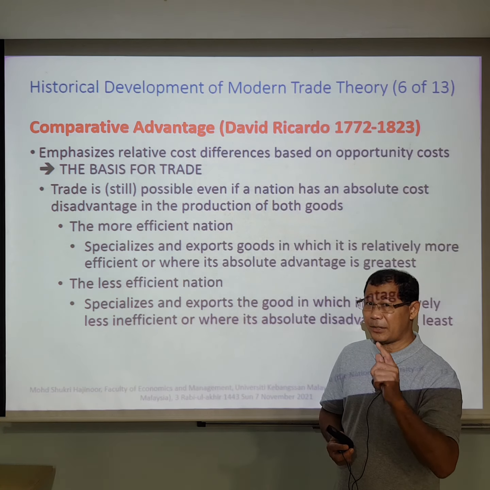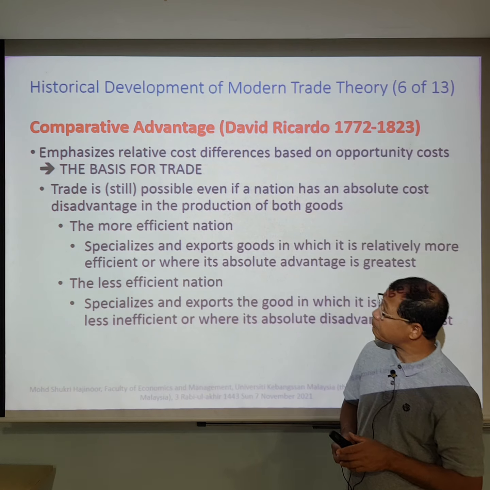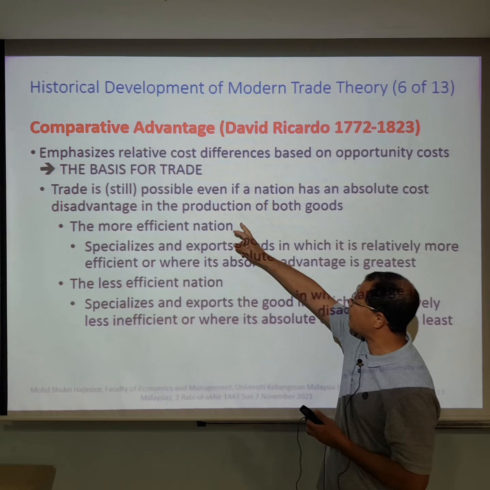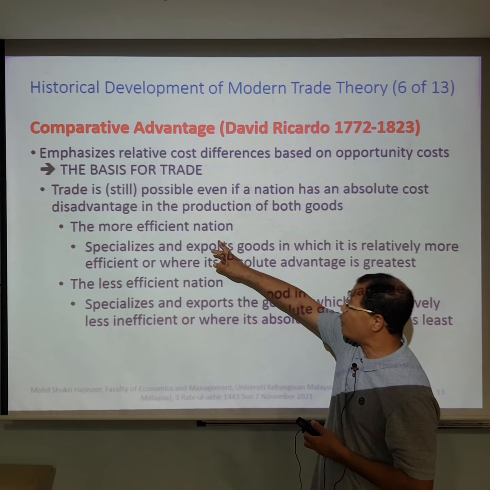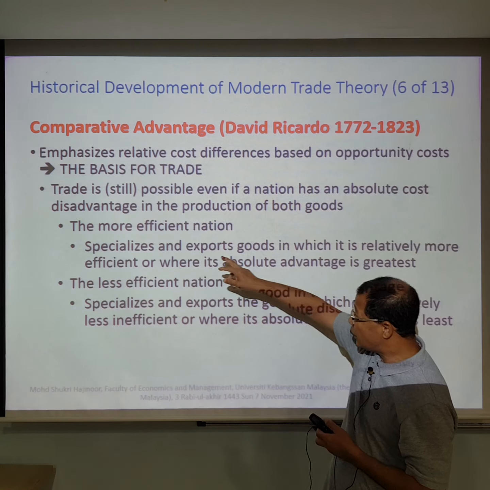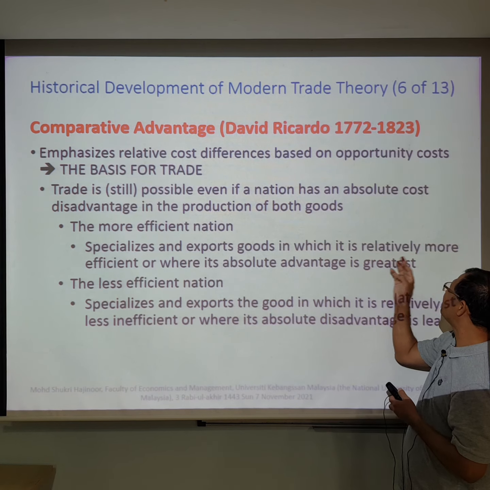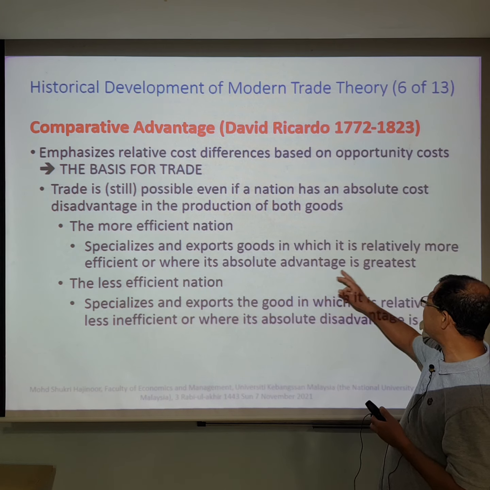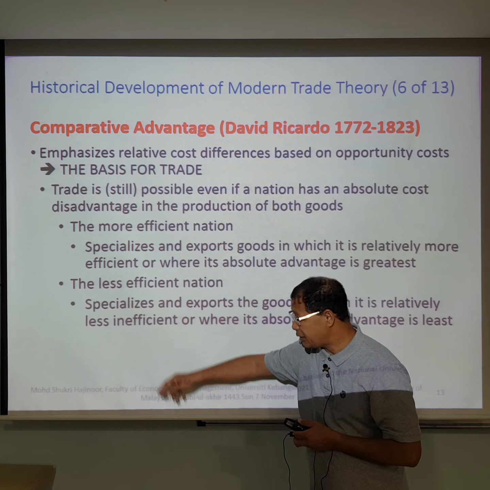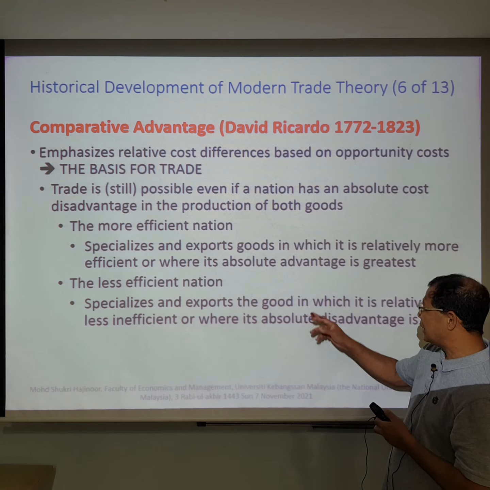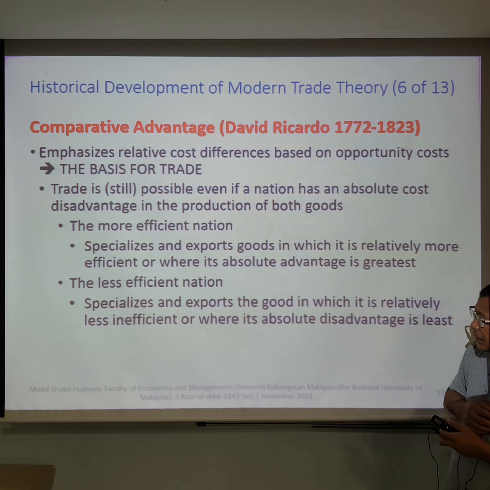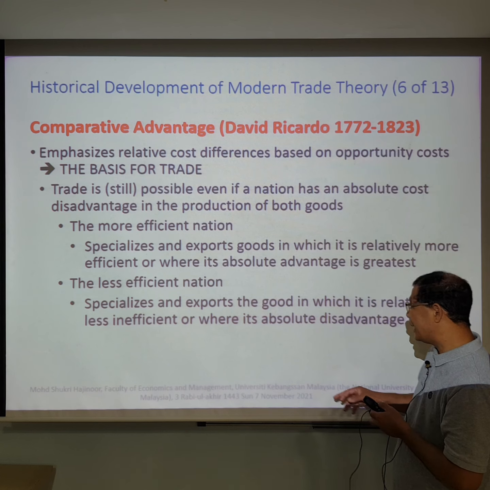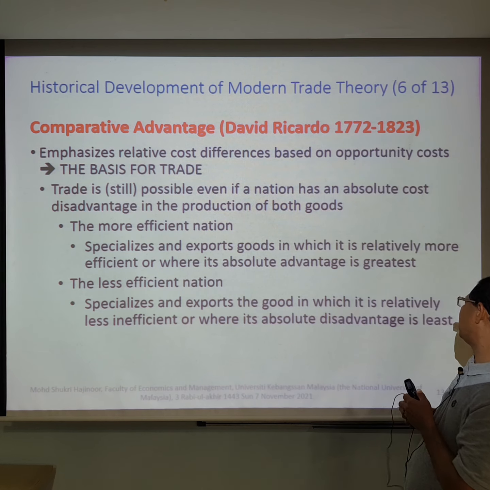But here comes Ricardo. Yes, trade is still going to happen. Why? It's possible even if a nation has an absolute cost disadvantage in the production of both goods, because the more efficient nation will specialize and export goods in which it is relatively more efficient, or where its absolute advantage is greater. The less efficient nation will specialize and export goods in which it's relatively less inefficient, or where its absolute advantage is least.